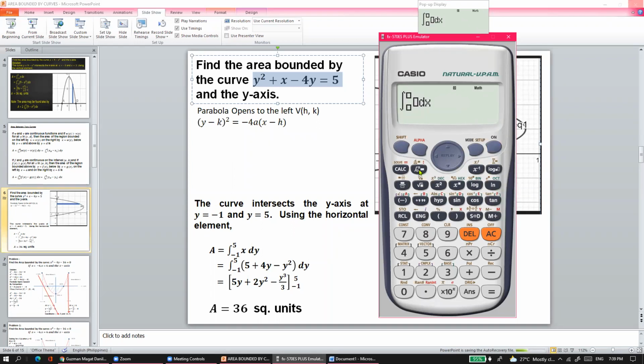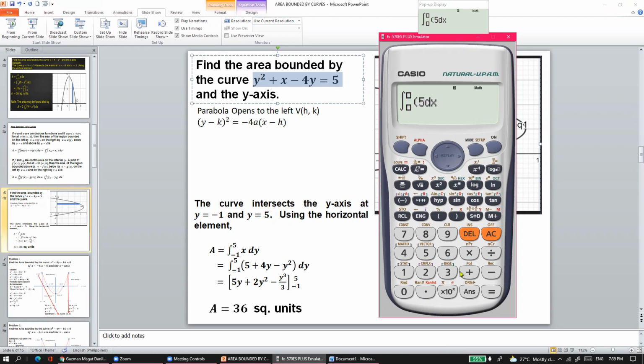Una, ita-type ko is 5 plus 4, but instead of using y, I will use x, alpha x, minus alpha x and then square. Then close. The limits are negative 1 and 5. Type ko negative 1, type ko rin ang 5.